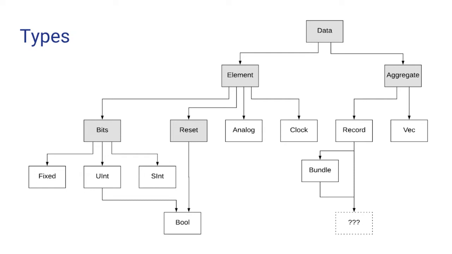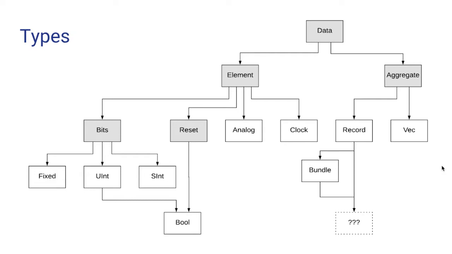We have Bits, which is the supertype of the normal types of bit vectors. The normal types of bit vectors that you're probably familiar with are UInt and SInt. Those are the main 2. UInt being the standard, here's a collection of bits, it's unsigned, so we don't think about signed bits or anything, it's just this unsigned collection of bits. SInt is similar, except it's signed, as you might expect, and the representation of SInt is 2's complement.